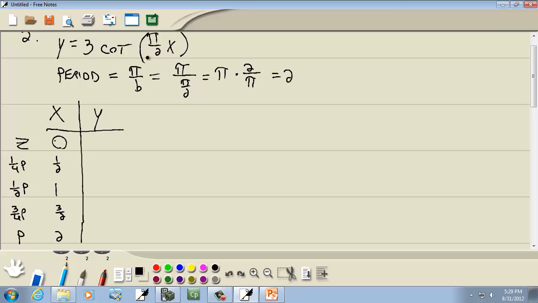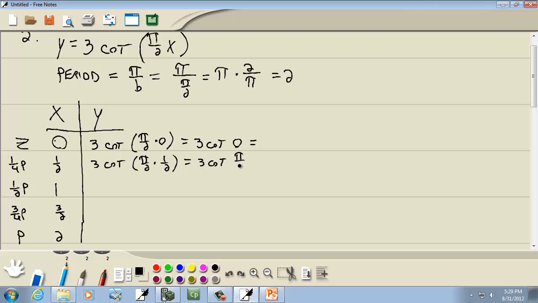Now we're going to plug these values in here. So we've got 3 cotangent of pi over 2 times 0 equals 3 cotangent of 0. Here we have 3 cotangent of pi over 2 times 1/2, which is 3 cotangent of pi over 4.